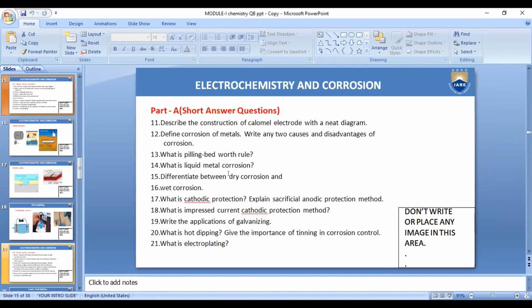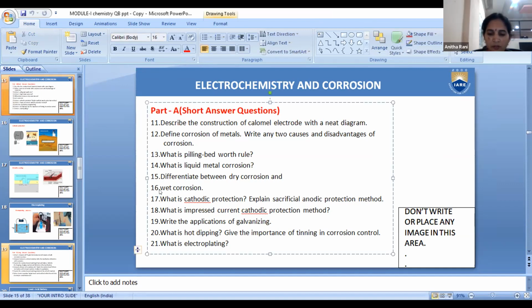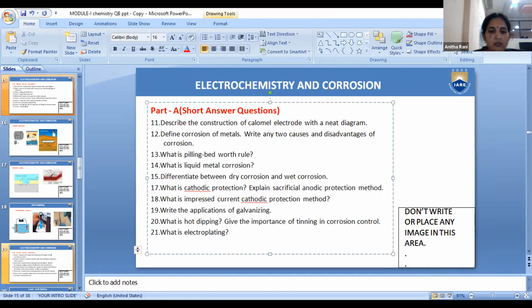Students, tell me any 1 or 2 differences between dry corrosion and wet corrosion. Corrosion of metal that takes place in presence of moisture is wet corrosion.